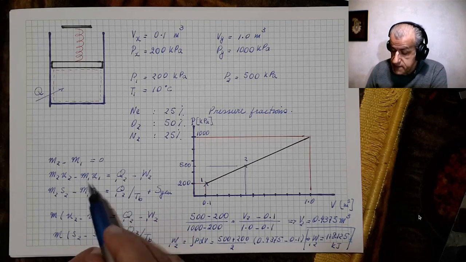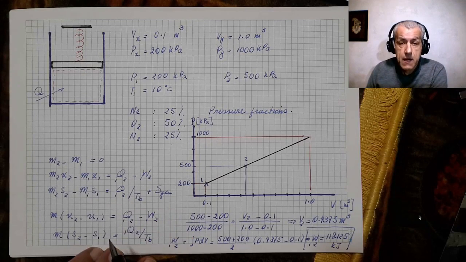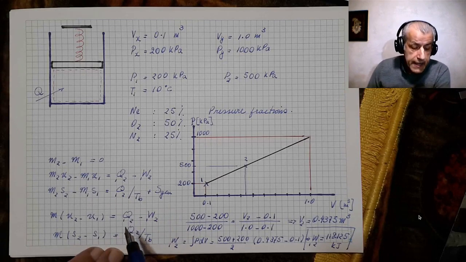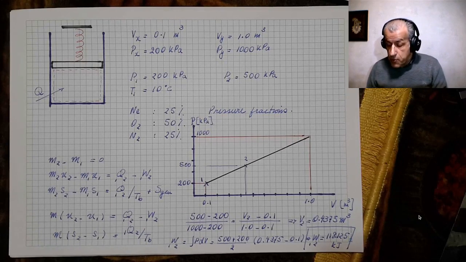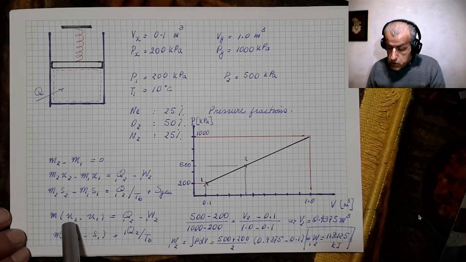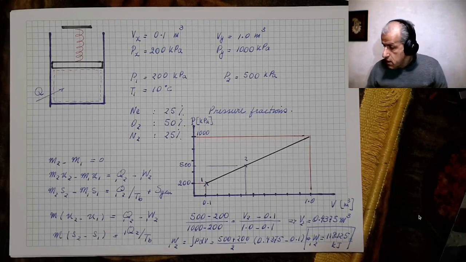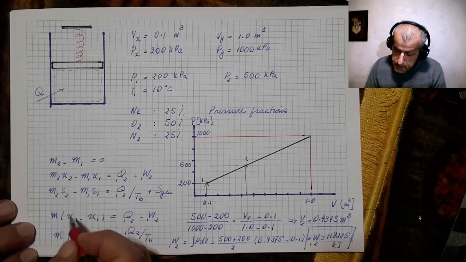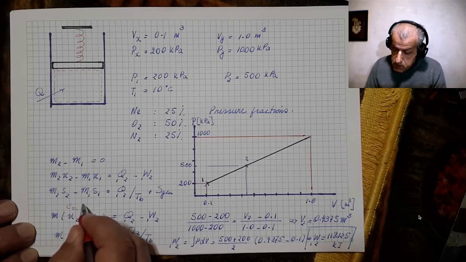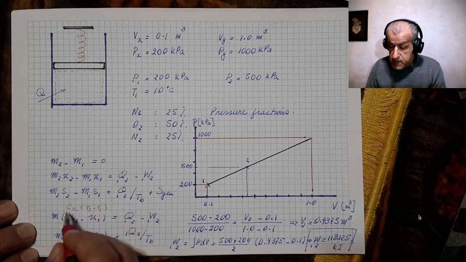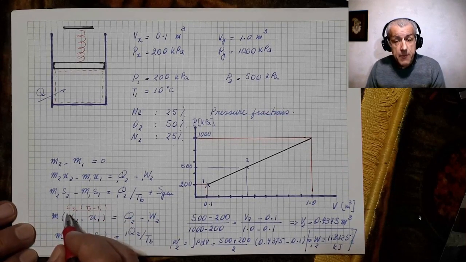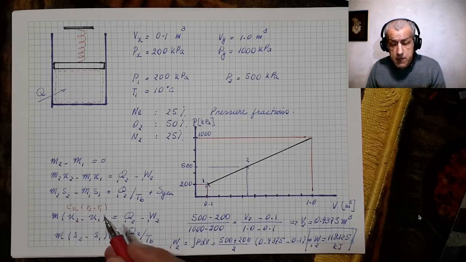Still, the rest of the parameters here are unknown, and in order to calculate them, we need more properties. Why do we need properties? Because for u2 minus u1, we would need to write it as Cv0 times (T2 minus T1), and we need Cv0 as a property for the mixture.